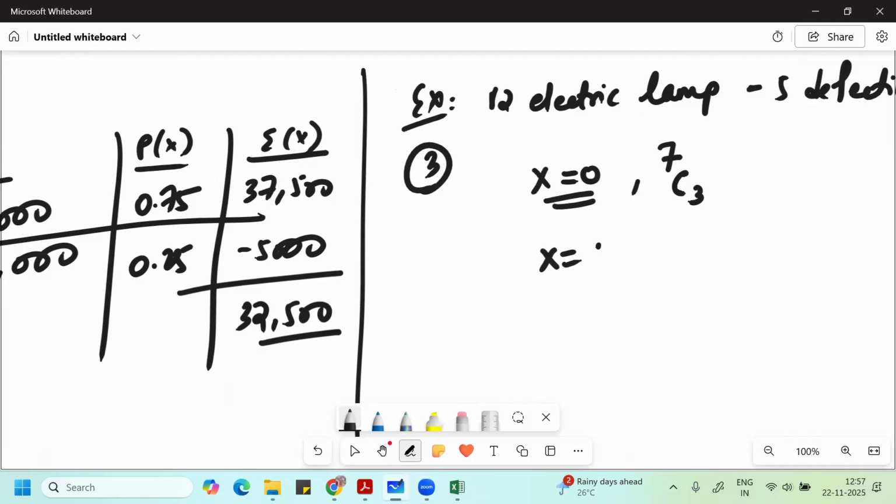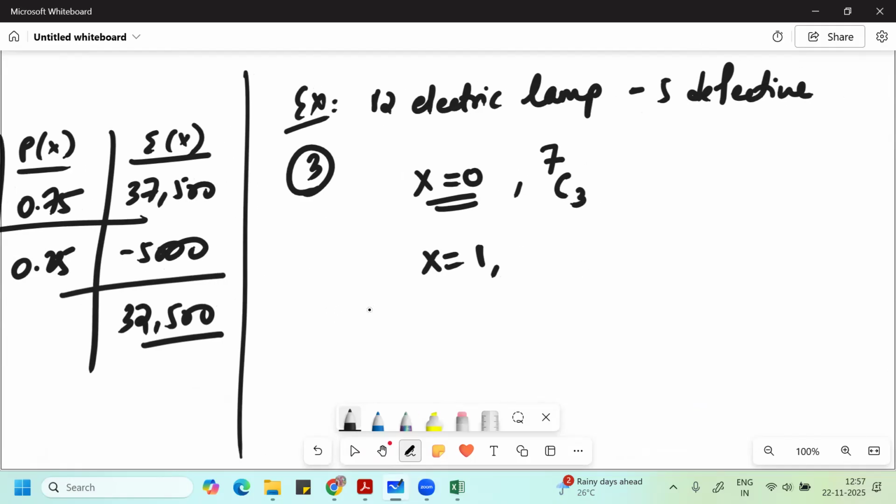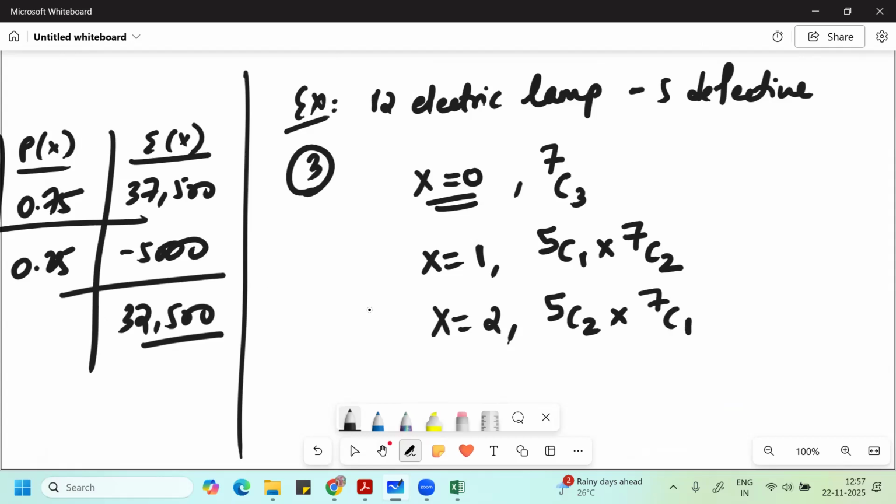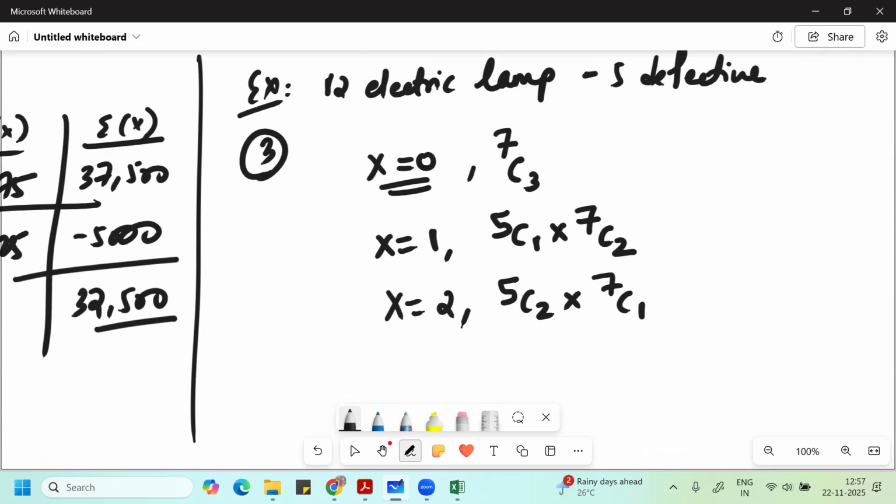Or it can be one defective: one from the 5 defective and two correct from the 7. Or X can be 2: two from the 5 defective and one correct from the 7. Or all 3 defective, so 5C3.